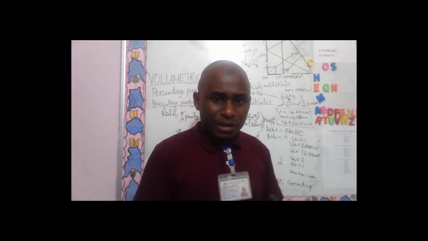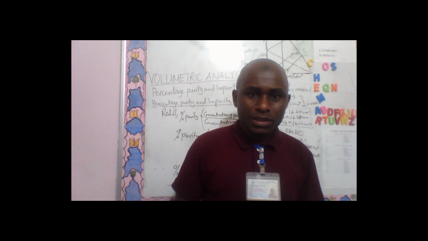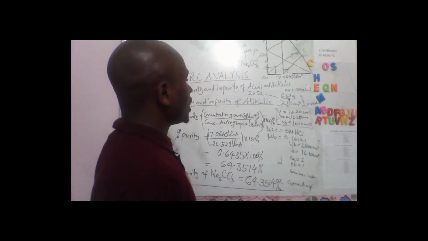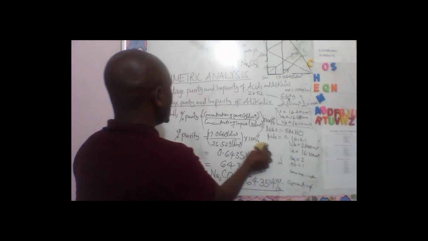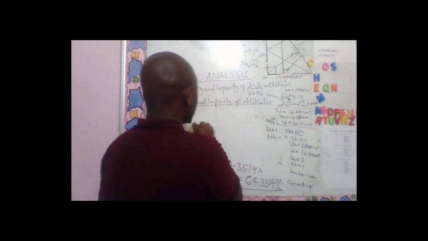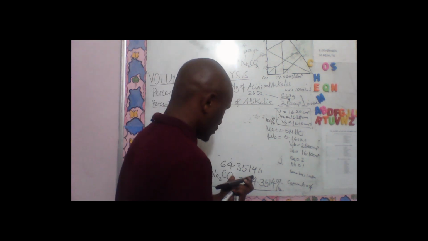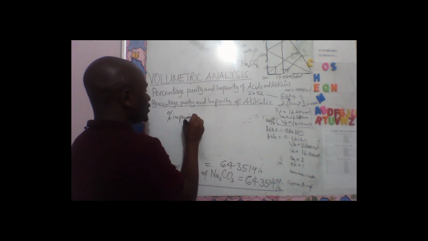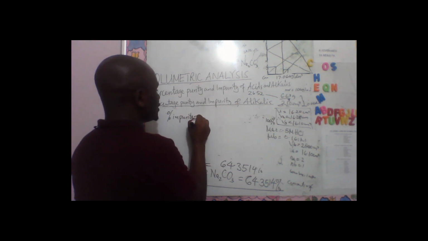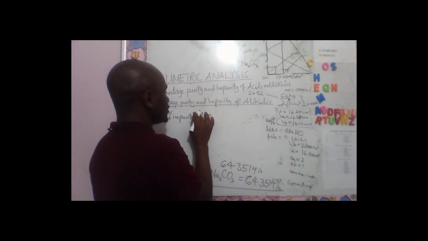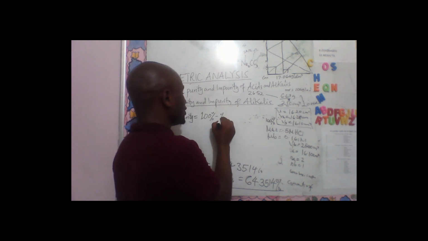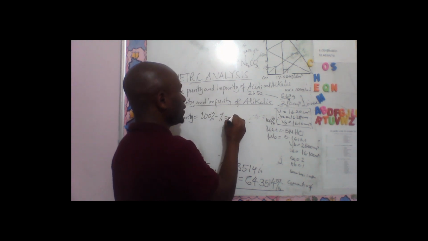Let us see how we can find the percentage impurity of sodium carbonate. Percentage impurity is equal to 100 percentage minus percentage purity.